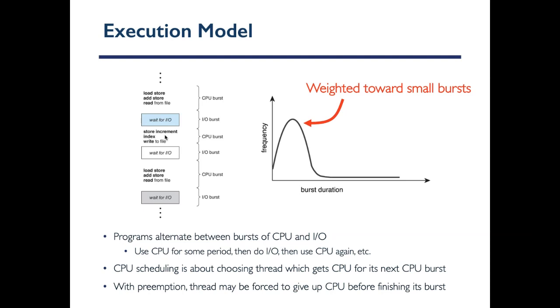Sometimes you might preempt a task in the middle of its CPU burst, which is possible. If you do so, then this task, thread, or process is going to go back to the ready queue. It's not going to wait for I/O because it hasn't reached its I/O.